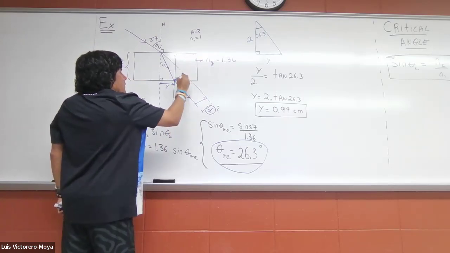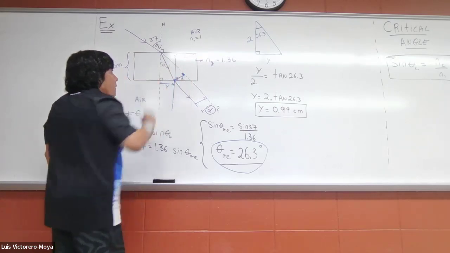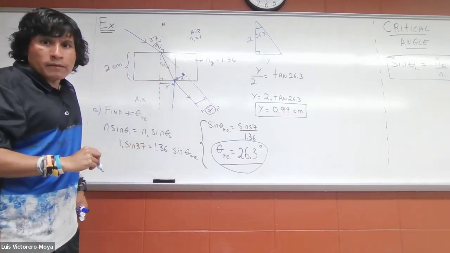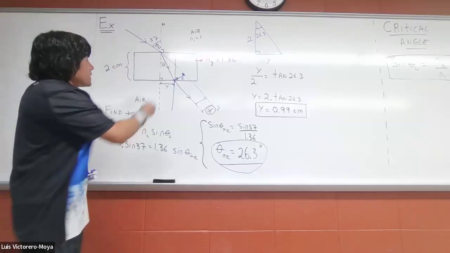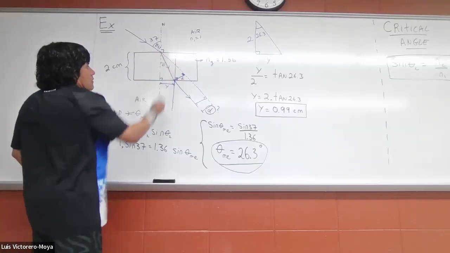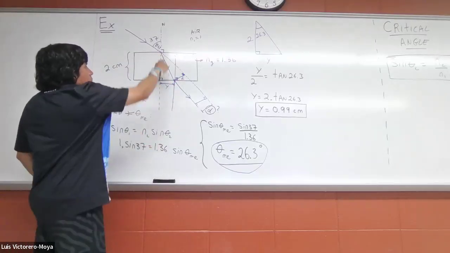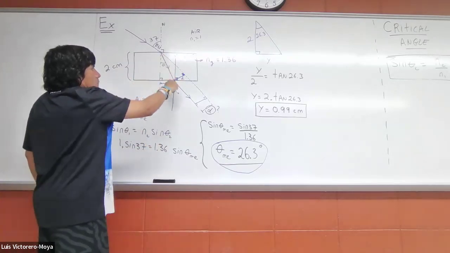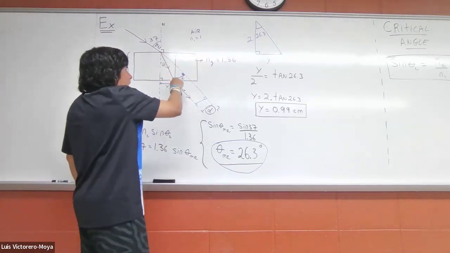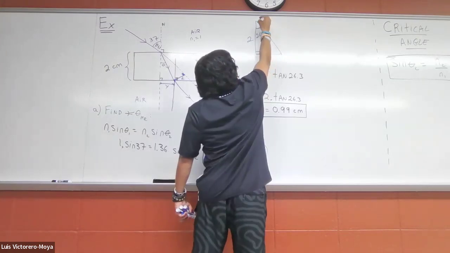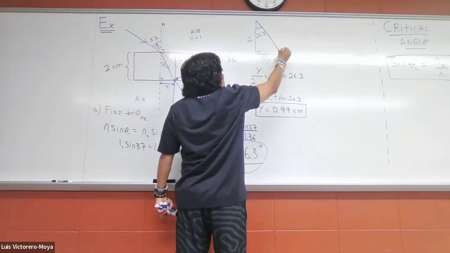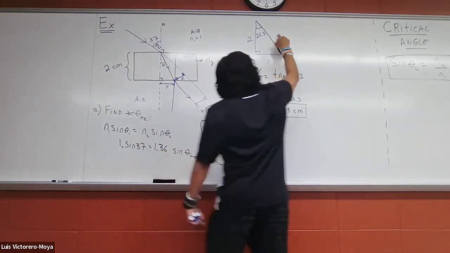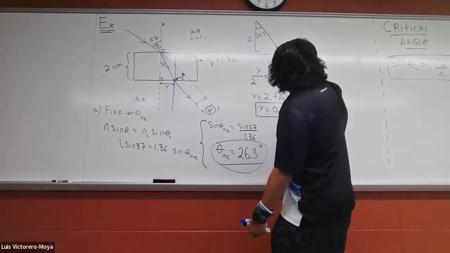90. That's there. Okay? And as you can see, there is a right triangle here. I need to find this length. But wait, this length is this one here. That one, this one. And that triangle is this.